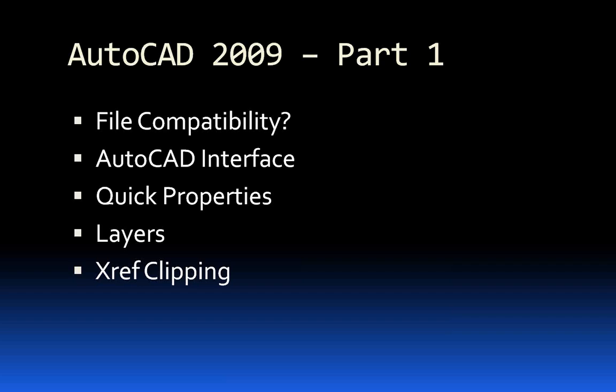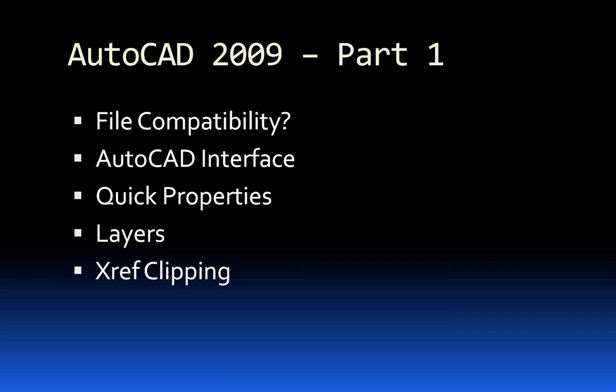We looked at the quick properties tool option, and we also looked at the new layer property manager. That is a modeless dialog that lets you manipulate layers in real time while you're working in the drawing. And then we also looked at the viewport properties, where you can now control viewport color and line type for layers, as opposed to just the viewport freeze that we had in 2007.